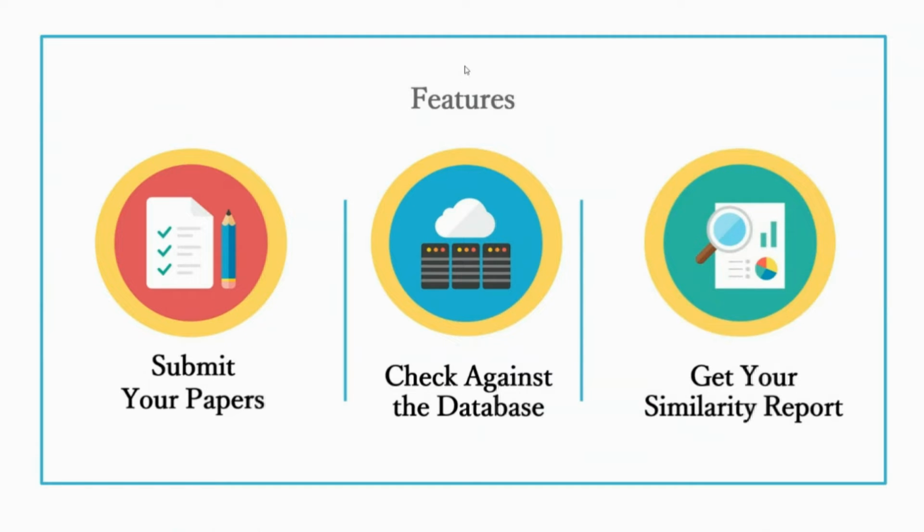Using the report, you can review and revise your work multiple times to improve the originality of your text. Once you have a Turnitin account, you can use it anytime and anywhere, as long as you have an internet connection. Therefore, there is no need to stay on campus or log into the school's portal.